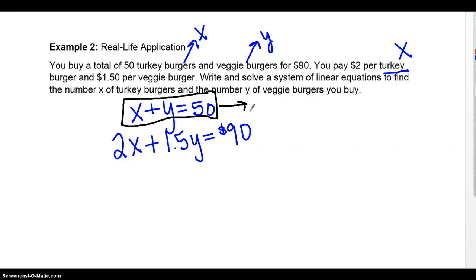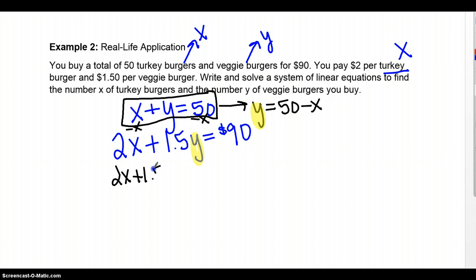In this case, it truly doesn't matter which one you do. If I were to subtract x from both sides, y would then be equal to 50 minus x, which would mean I have y solved for, so this y is now going to be substituted in for that y.